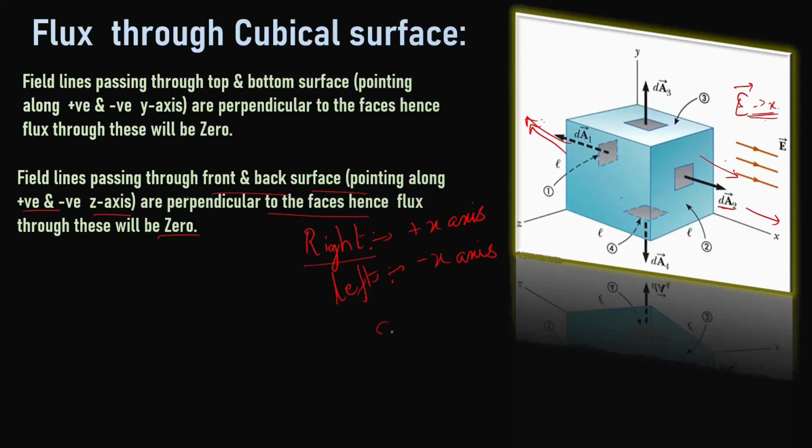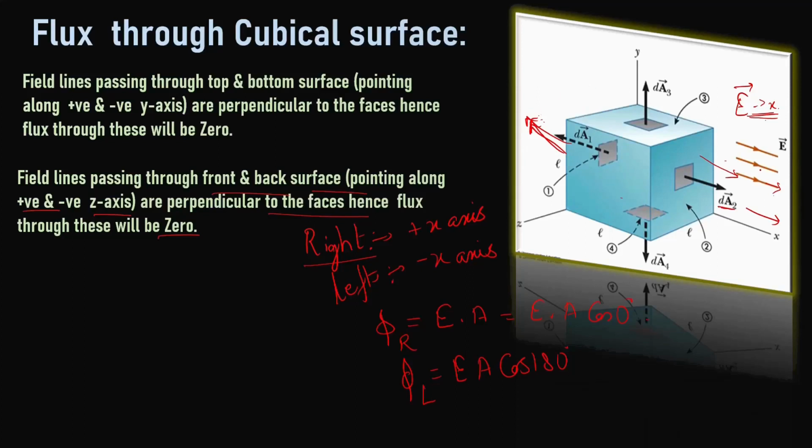So let us see what will be the flux associated with the right face. We write it as phi r. It will be E dot A, that is equal to EA cos 0 degrees. And cos 0 degrees is a positive value. Similarly, the flux associated with the left face will be EA cos 180 degrees, because the electric field is along the positive x-axis and the area vector is along the negative x-axis.